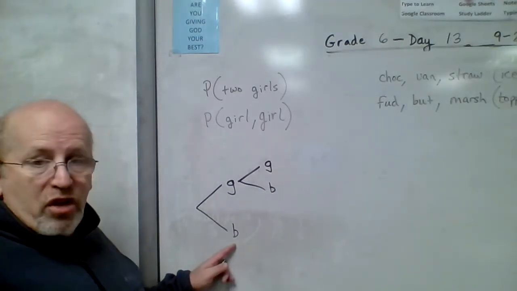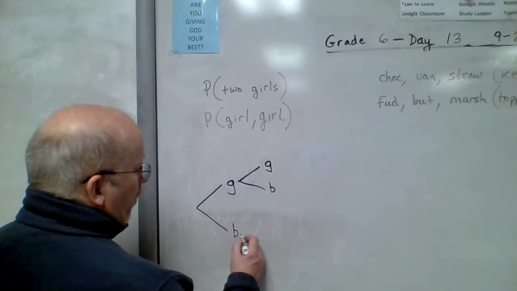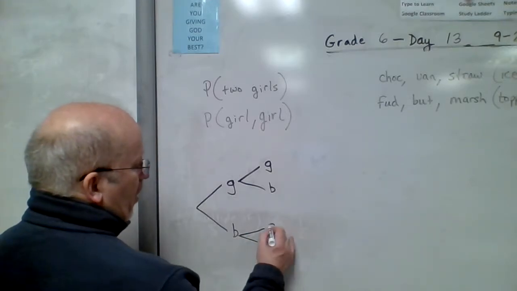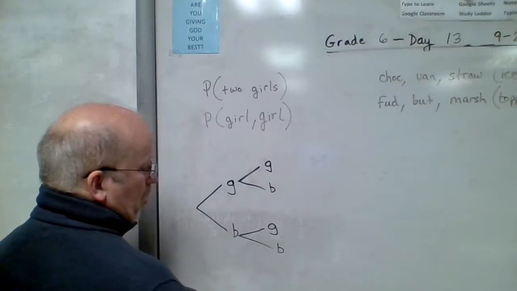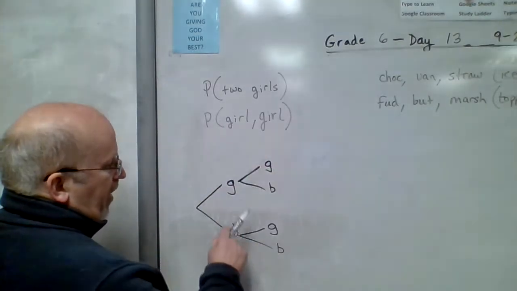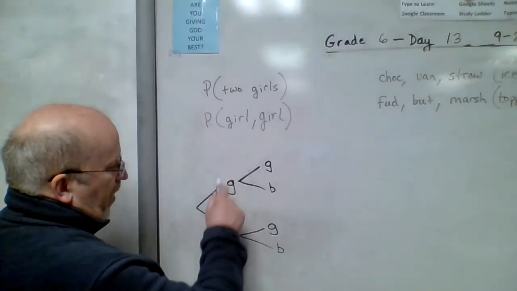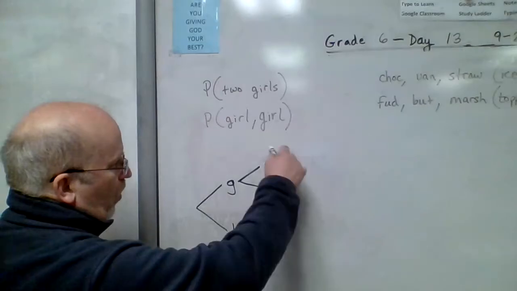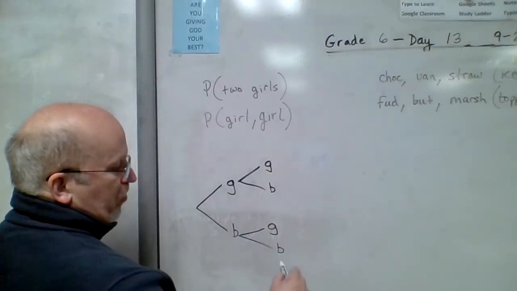But what if their first child was a boy? What are their possible ways in which they could have a second child? They could have a girl or a boy. This is what's known as a tree diagram. Right here, we have what happened in their first childbirth, and right here, we have what happened in their second childbirth.